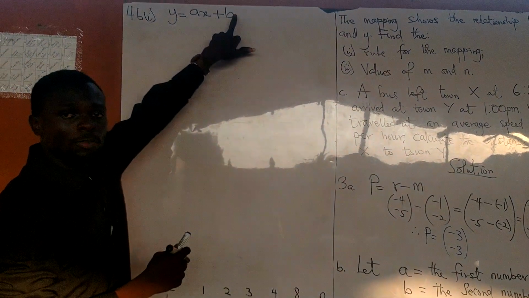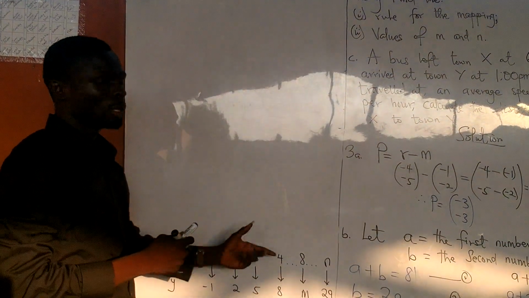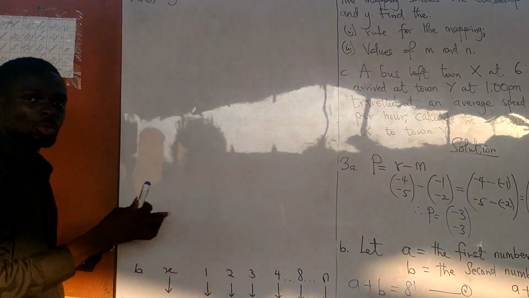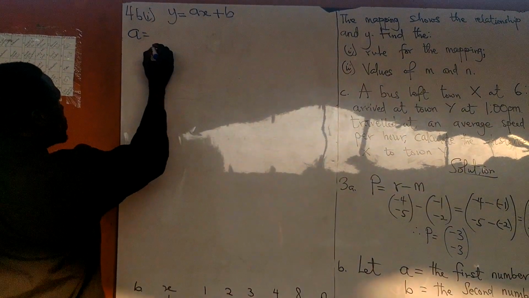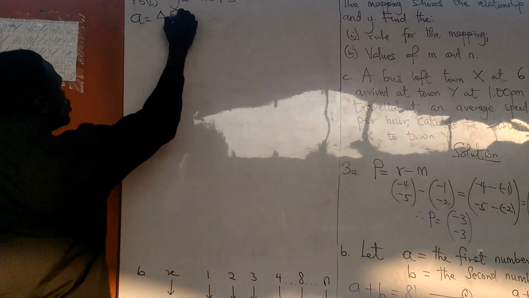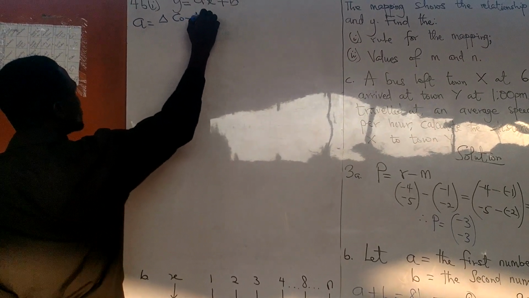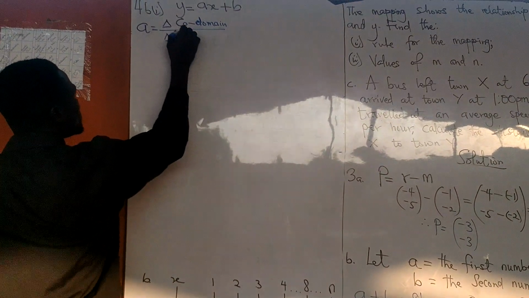We will also have to solve for b. The y and the x here represent these values. So a is the first one to solve for. And a is always equal to the difference in the codomain over the difference in the domain.